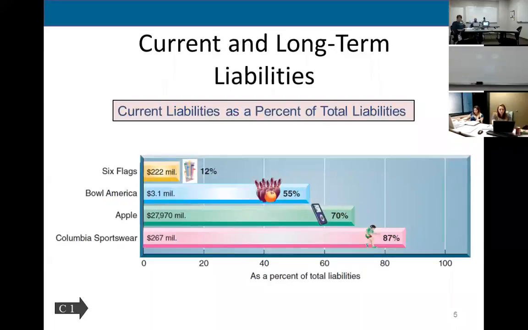How's that? Perfect. All right, so we'll see here the relationship from current liabilities to total liabilities: Six Flags, which is a theme park, Bowl America, Apple, even Columbia Sportswear.